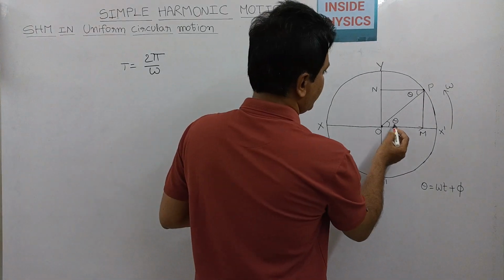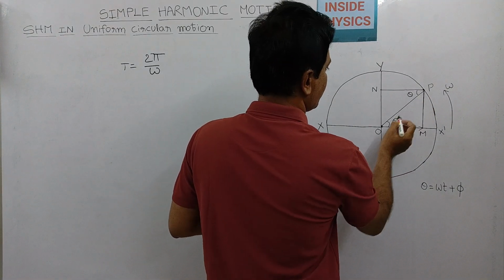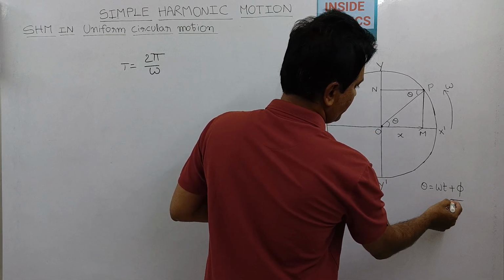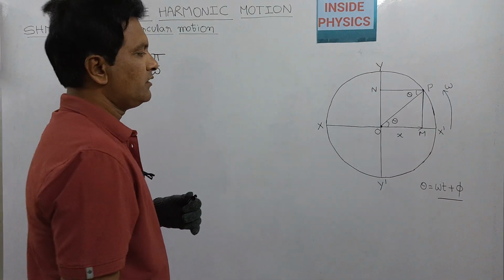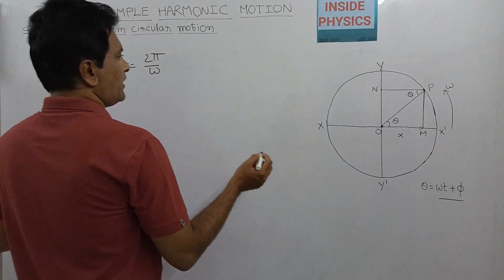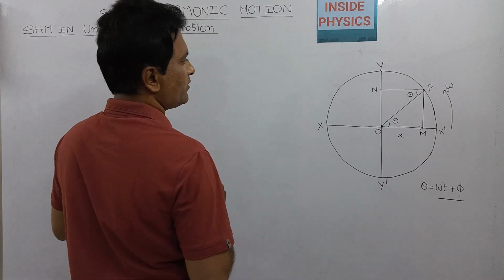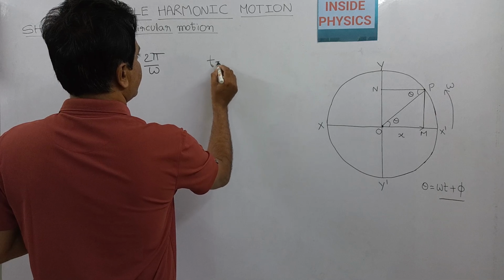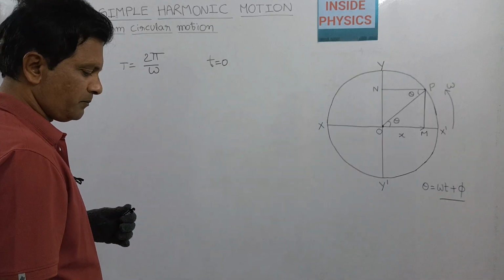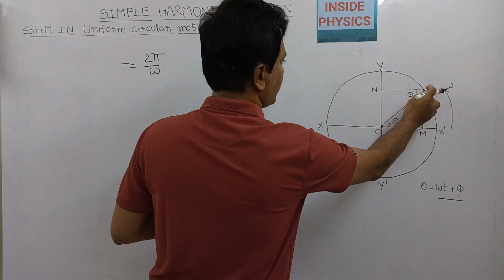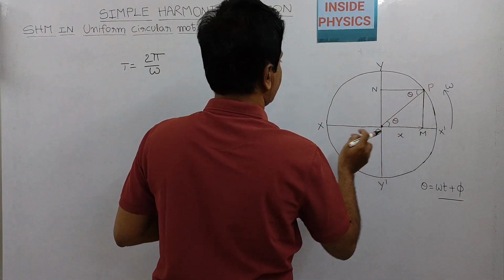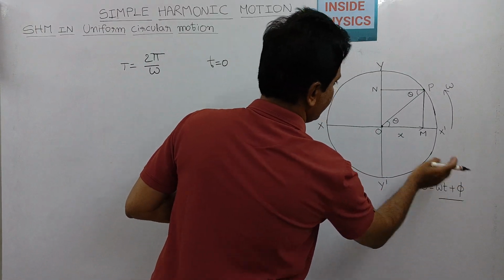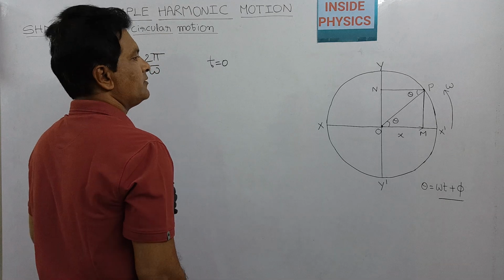Here theta is the angular displacement. This is written as omega t plus phi. So what is phi? While the particle is moving in circular motion anti-clockwise, at time t equal to 0, the position vector of the particle, that means PO, is making an angle phi with the horizontal.